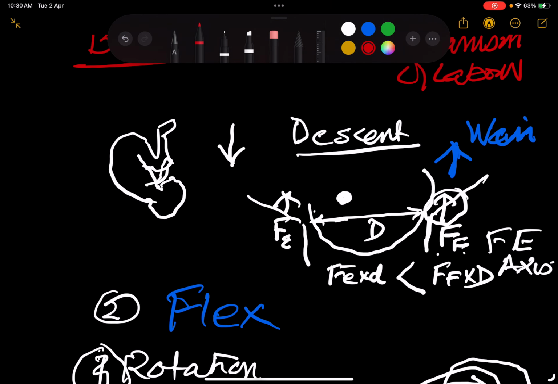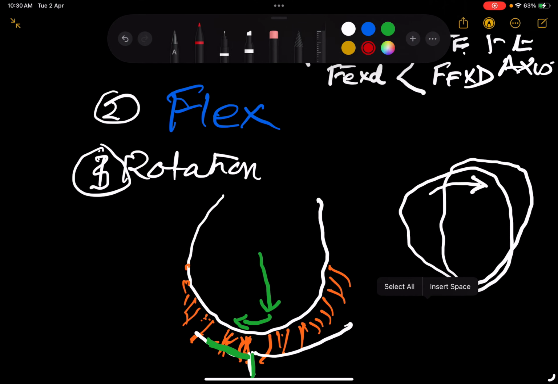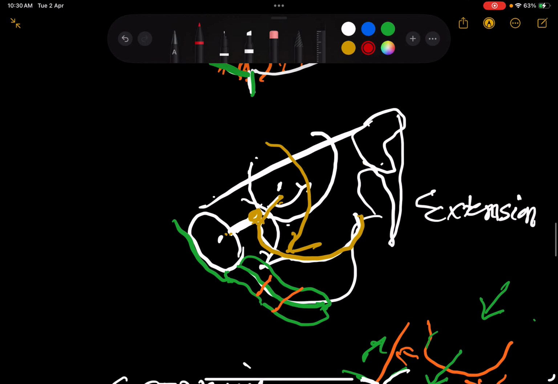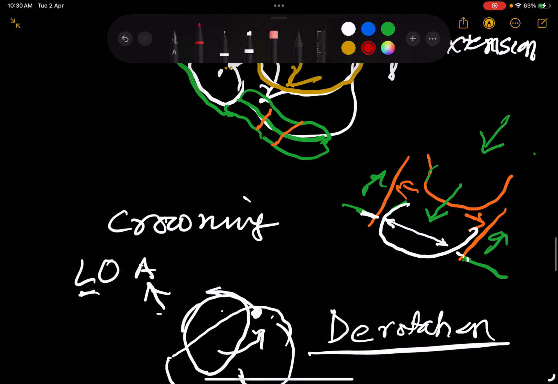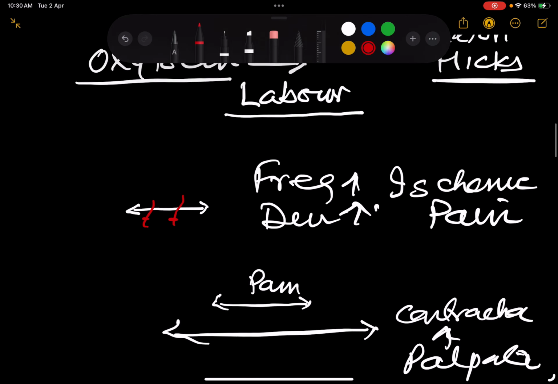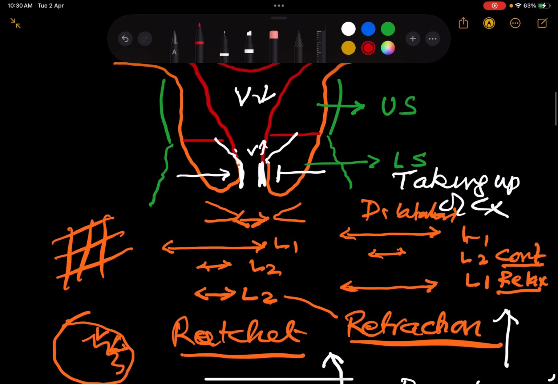The bony passages, judged by the four-knuckle rule, the interspinous distance, and the soft tissue passages, judged by the ratchet mechanism, the conversion of the uterine contractions into a ratchet mechanism contraction, which starts changing the volume of the upper segment and the lower segment.